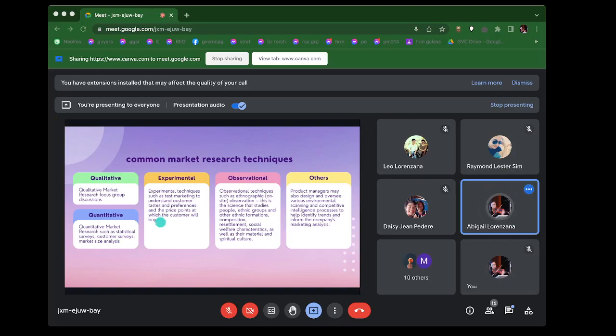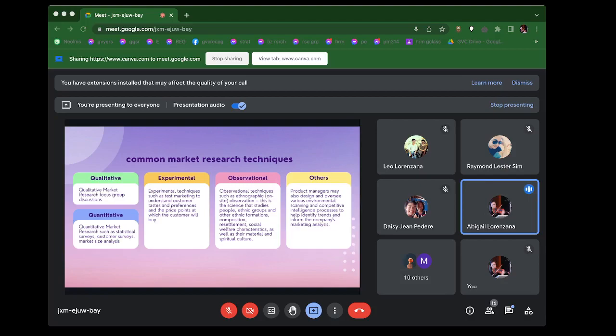So we also have experimental techniques such as test marketing to understand customer taste and preferences and the price points at which the customer will buy. That's why in groceries there are free tastings, right? It's nice to hang around there sometimes, especially when you're hungry. Because they want to know if people like their product. What can they do? What age group usually likes it?